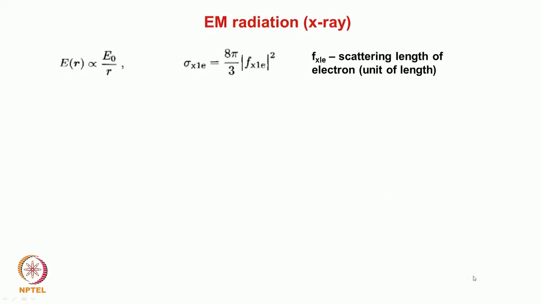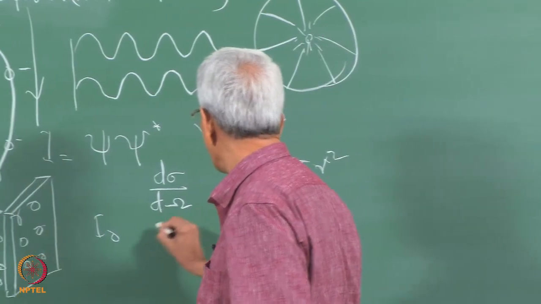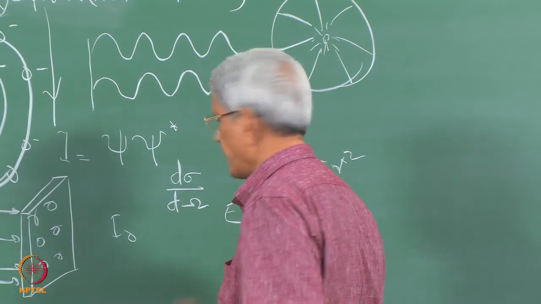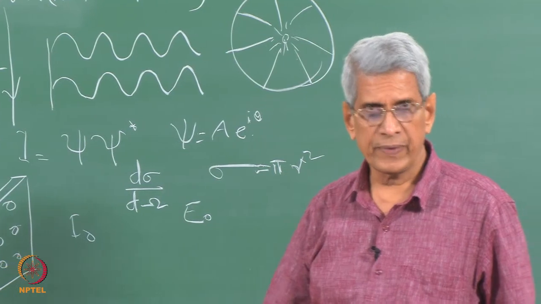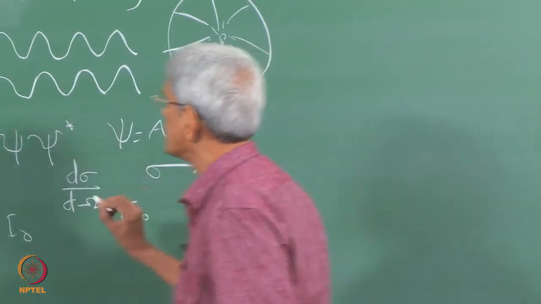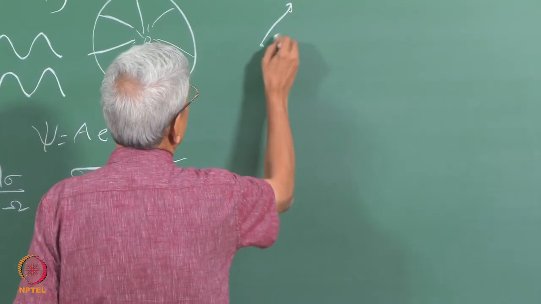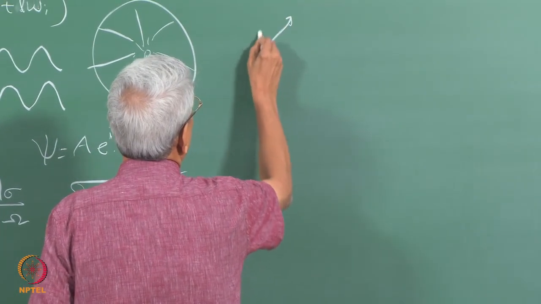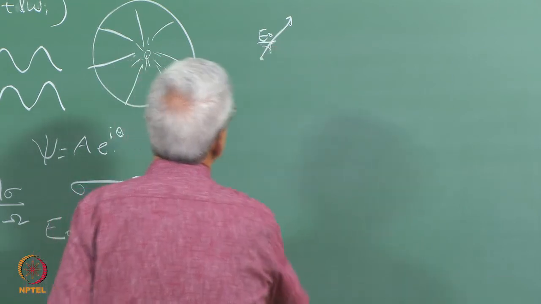As I mentioned, consider an electron being scattered with an amplitude E0, because the electric field is E0. From a point it is getting scattered, and at a distance, the amplitude turns out to be E0 by r.